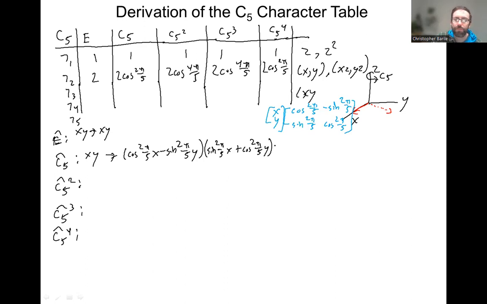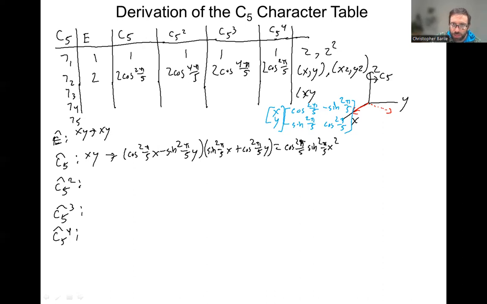Now we get to FOIL this out. So that's a lot of fun. Let's do the two x terms first. We're going to get cosine 2 pi over 5 times sine 2 pi over 5 times x squared.